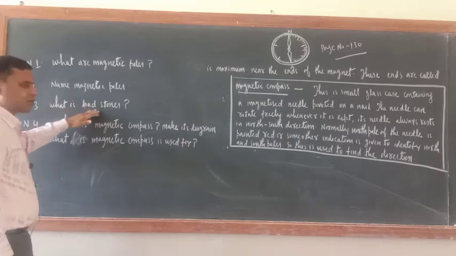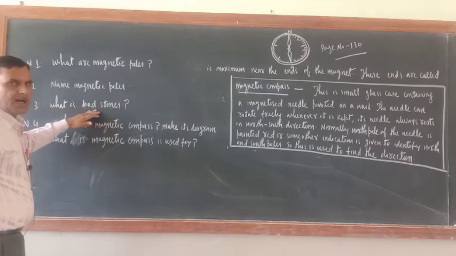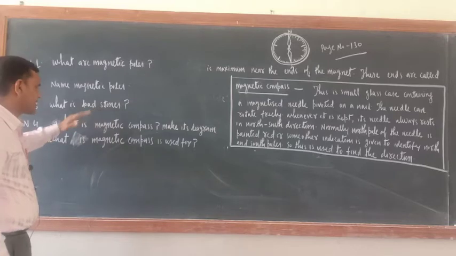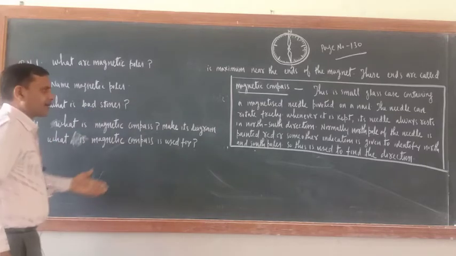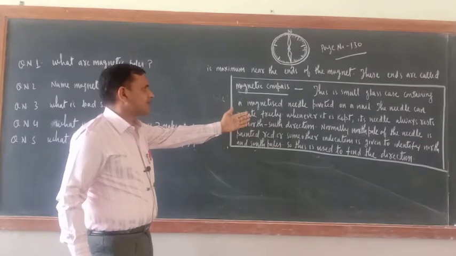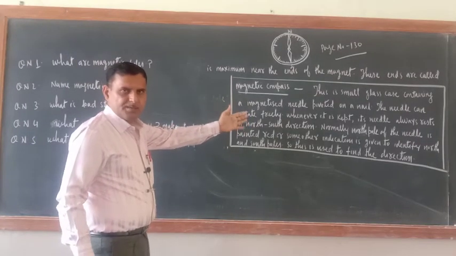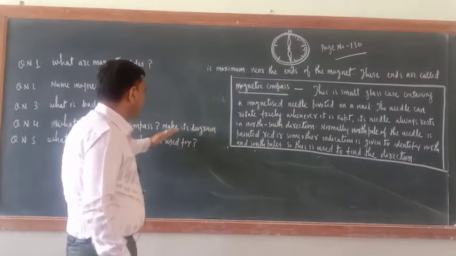What are lodestones? Lodestones are magnetized stones which were used to find the direction by the sailors when they were in seas. What is a magnetic compass? Its description is written here. The same thing you should write and make its diagram.